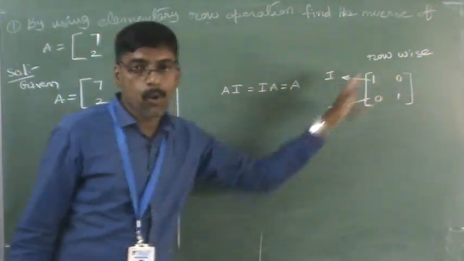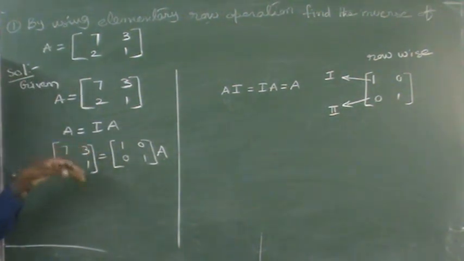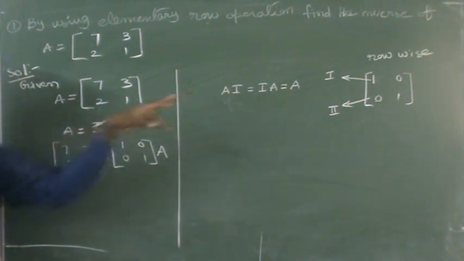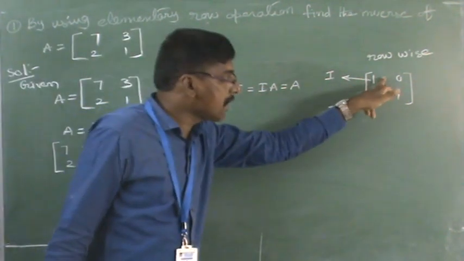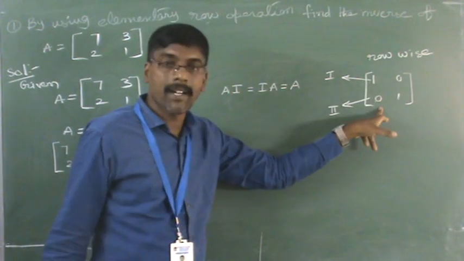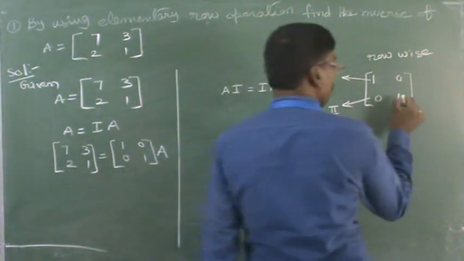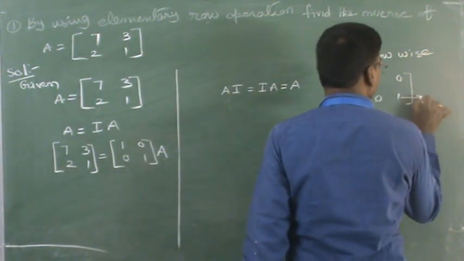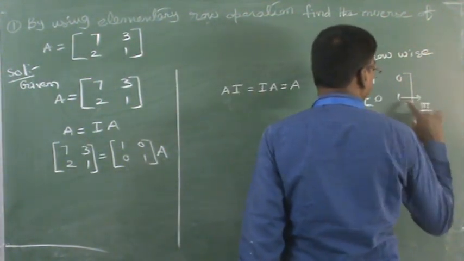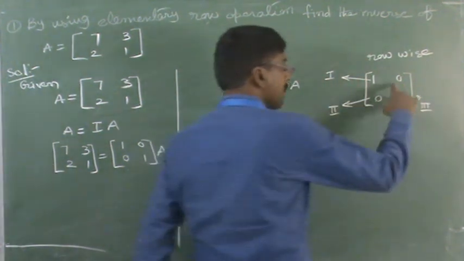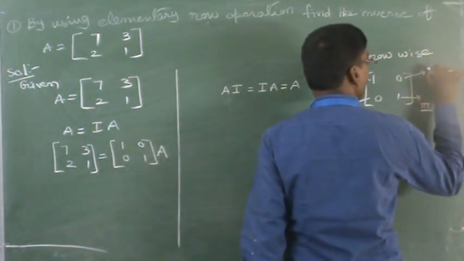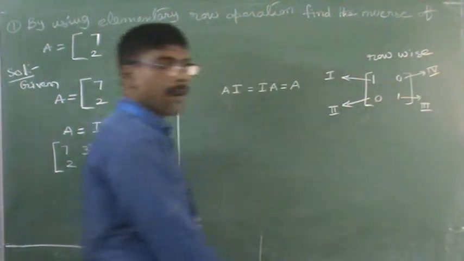In the left hand side of this matrix, first this element should be converted to a 1. By using this 1, this element should be converted to a 0. What is the third step? This element should be converted to a 1. By using this 1, this element should be converted to a 0. That is the fourth step.